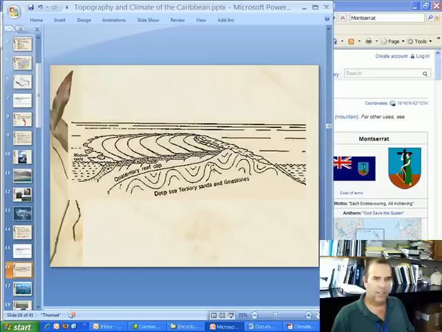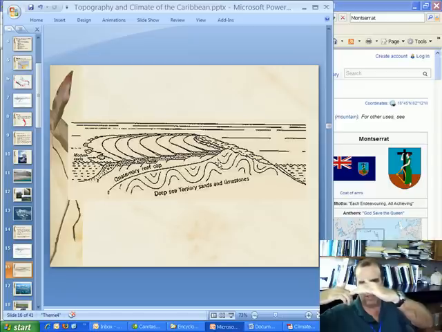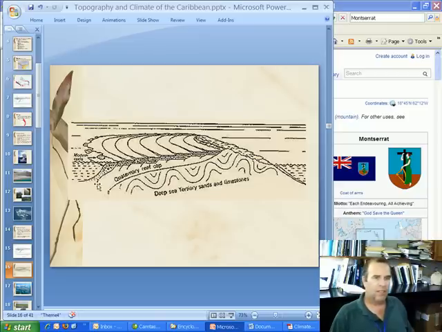You can see the deep sea tertiary sands and limestones which have been metamorphosed. These wiggly lines are supposed to represent the bedding which has been deformed and warped as the sediment was crushed as it got scraped underneath the Caribbean plate.